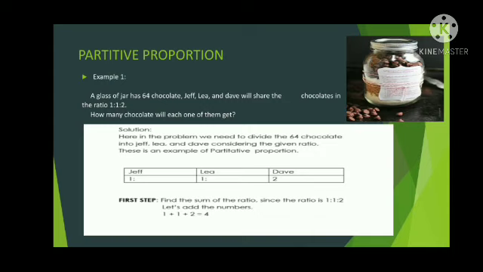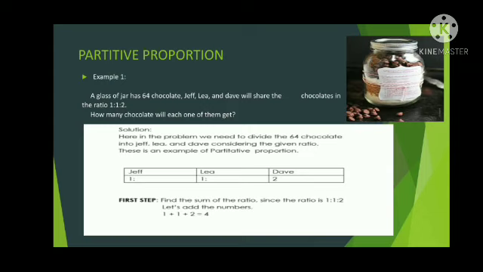So for our solution, we need to divide the 64 chocolates, that is the total number of chocolates in the jar, among Jeff, Leia, and Dave, considering the given ratio. Alam natin yung given na ratio, which corresponds to Jeff, Leia, and Dave. That is 1:1:2.